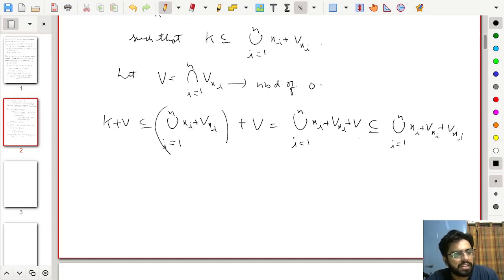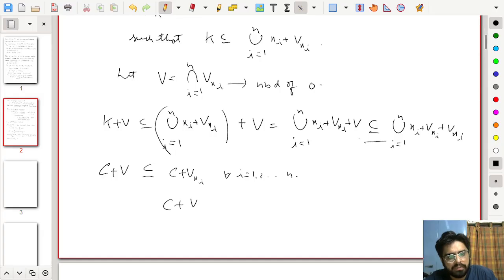This is because V is an intersection of all such V_xi's. So I am adding a bigger set, so we get this inclusion. This inclusion is clear, right? It's because V is an intersection of each of these V_xi's. Now let us look at C plus V. C plus V is contained in C plus V_xi for all i varying from 1 to n, right?